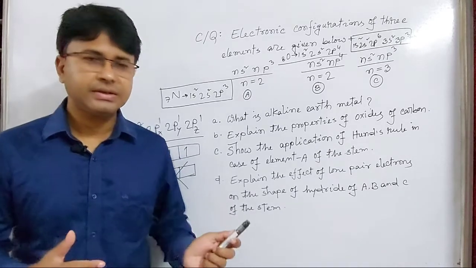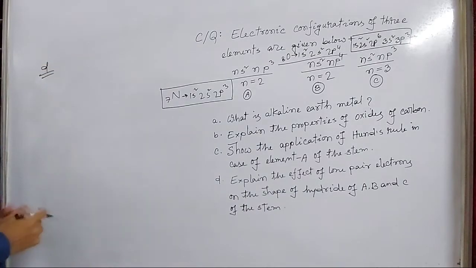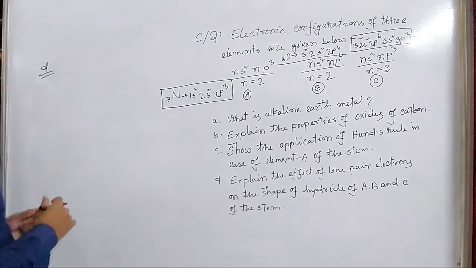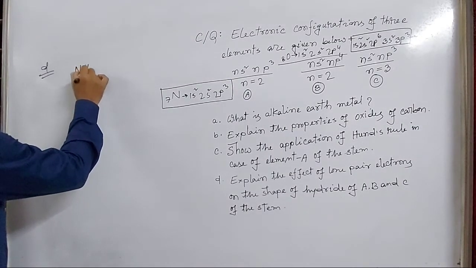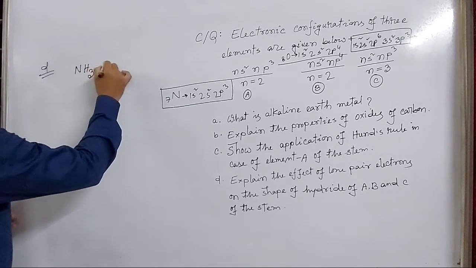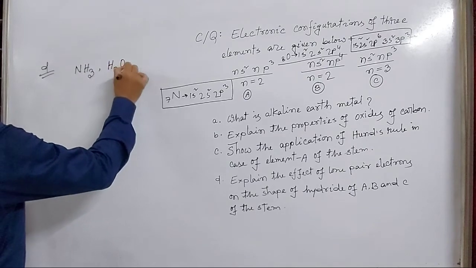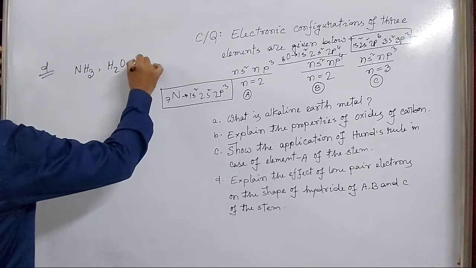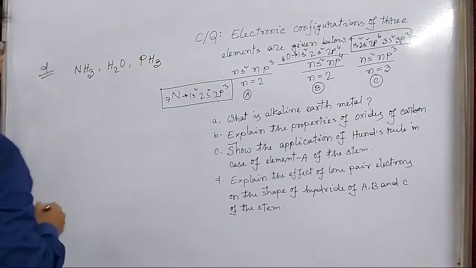So let's come to the point. The hydrides of nitrogen NH3, oxygen H2O, and phosphorus PH3, I mean phosphine.